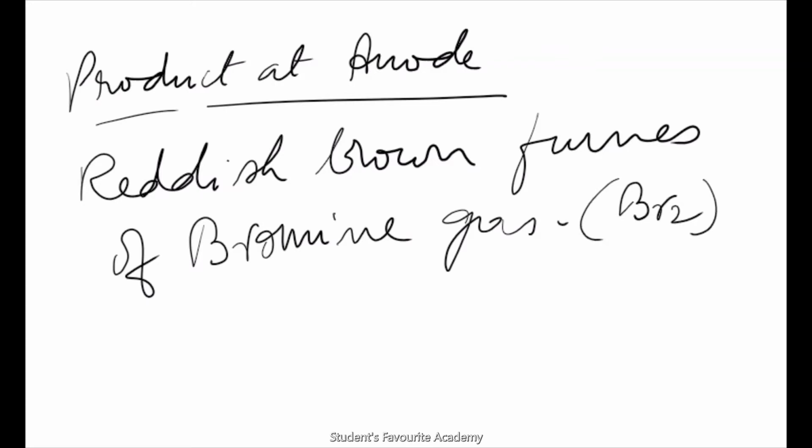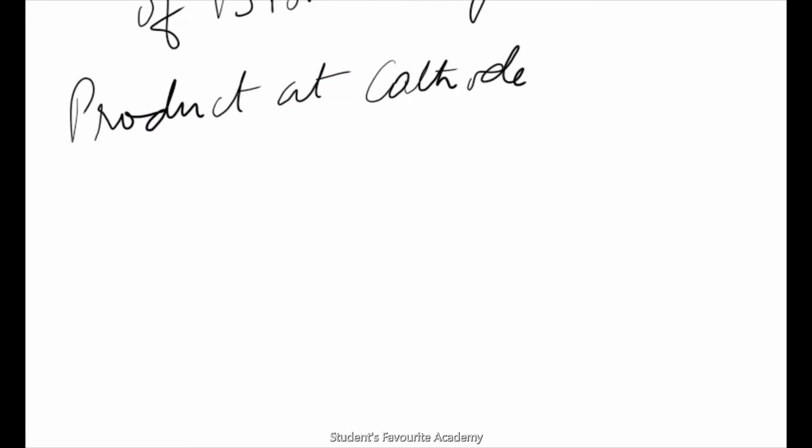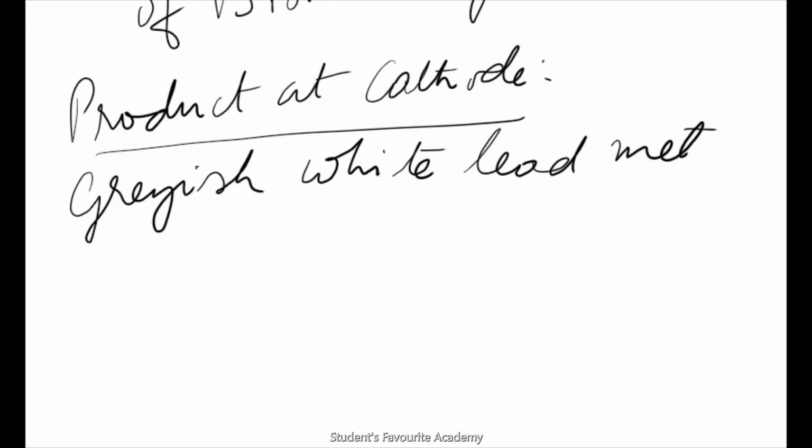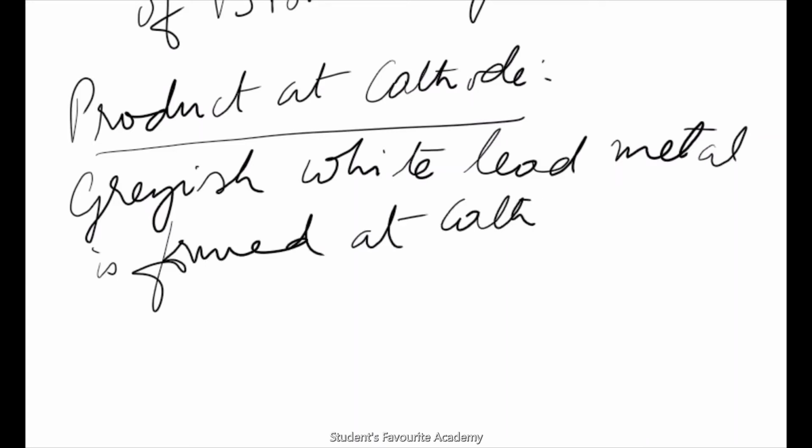Okay, and product at cathode is grayish white metal, lead metal, formed at cathode. Okay.